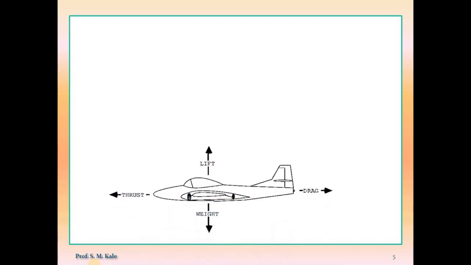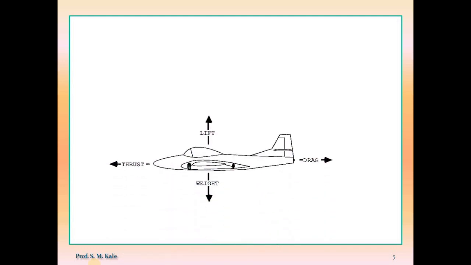For better understanding, we have taken the example of an aeroplane. So this is the aeroplane. If we consider that the aeroplane is moving in this direction, the thrust, which is generated because of the fuel burnt inside the engine, will be created in the direction of motion of the aeroplane.